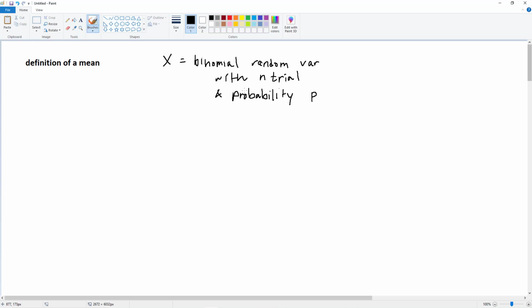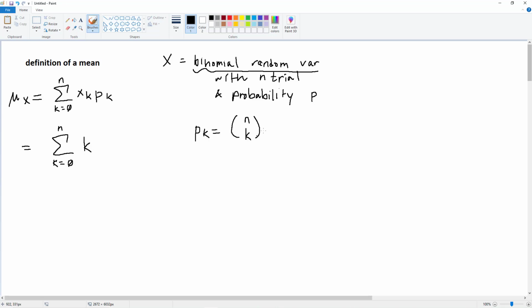The mean mu of X is the sum of k equals 0 to n of x of k times p of k. And since this is a binomial random variable, x of k is just k. And p of k is this long expression, which is n choose k times p to the power of k times 1 minus p to the power of n minus k.